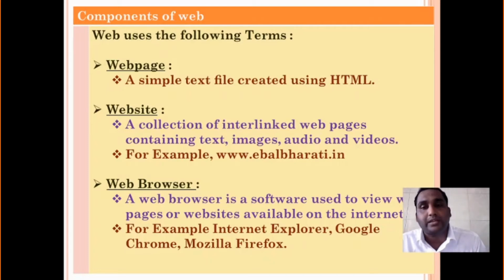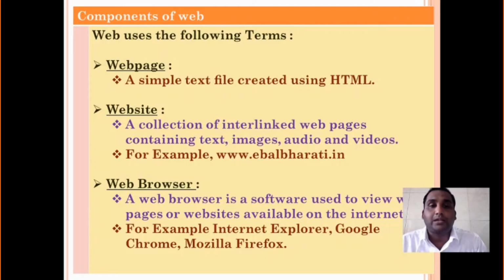Notepad is one text editor where you are supposed to type HTML coding. HTML stands for Hypertext Markup Language. It is a language to be typed in a simple text file, and this text file, which consists of HTML, is called a web page.